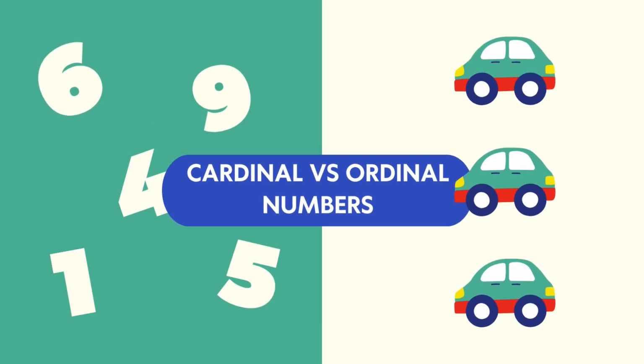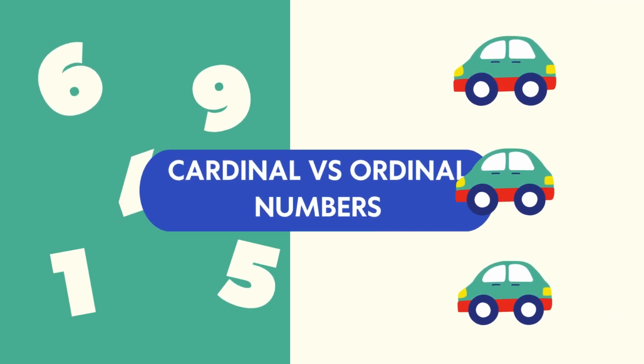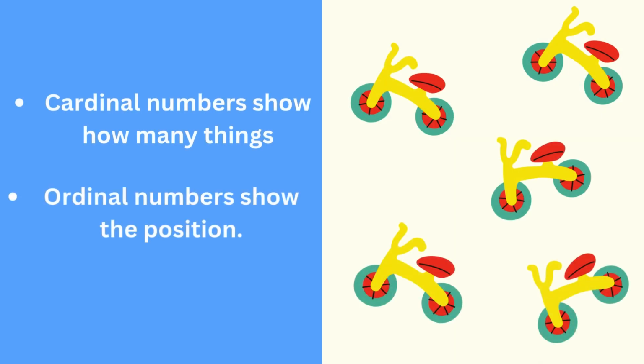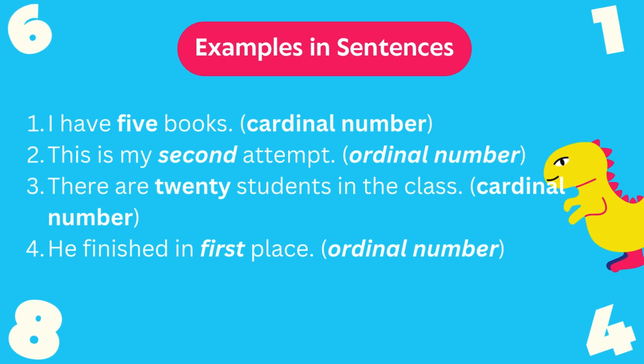Cardinal versus ordinal numbers. To summarize, cardinal numbers show how many things there are, while ordinal numbers show the position of something. Let's look at some examples to clarify. For the first example, I have 5 books. 5 is a cardinal number.